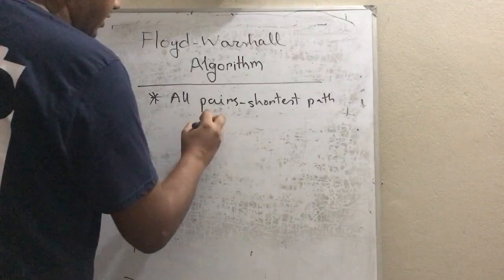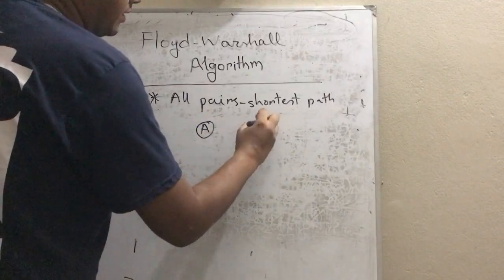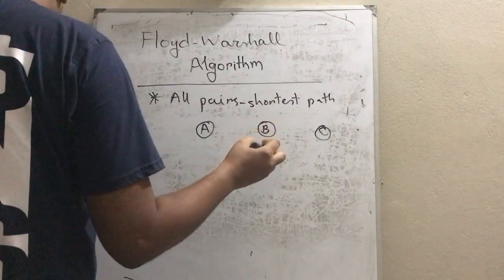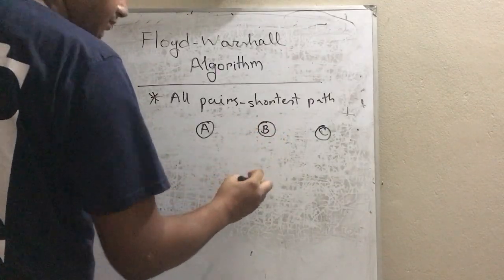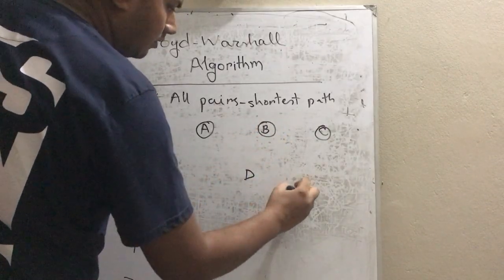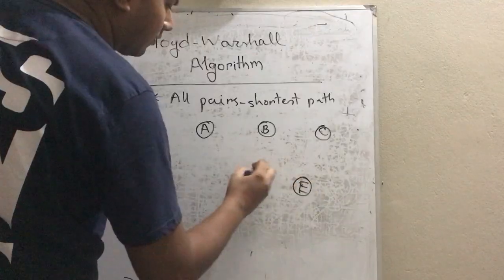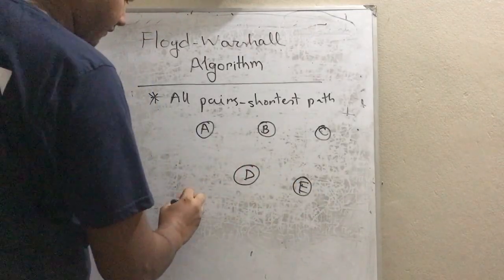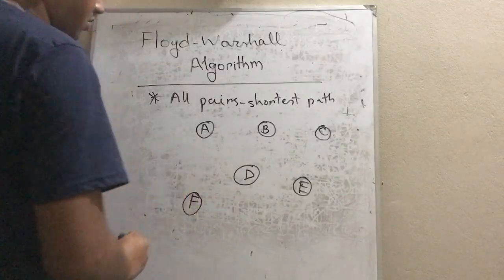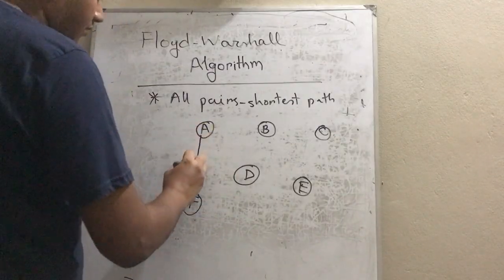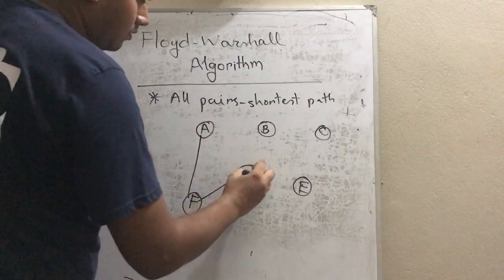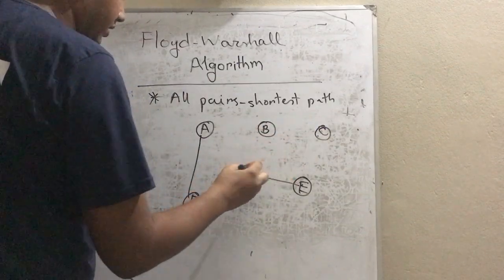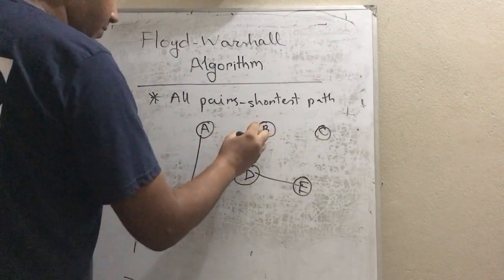Suppose this is A, B, C, D, E. Let's add F. Let's make some random paths.